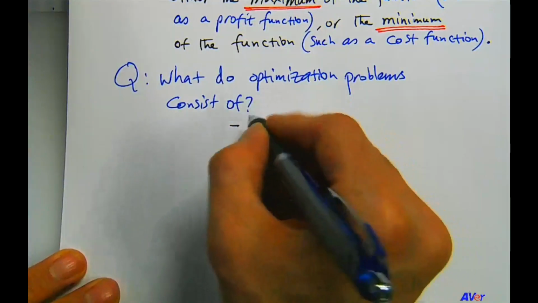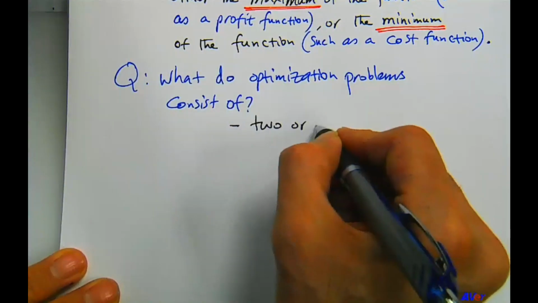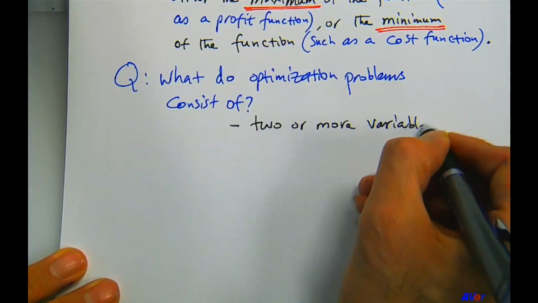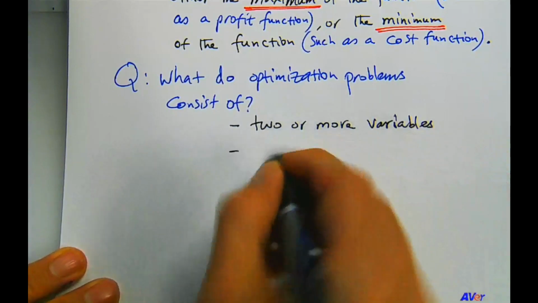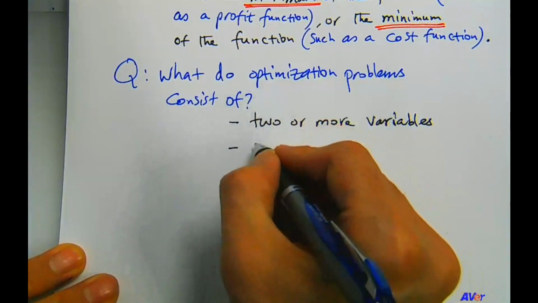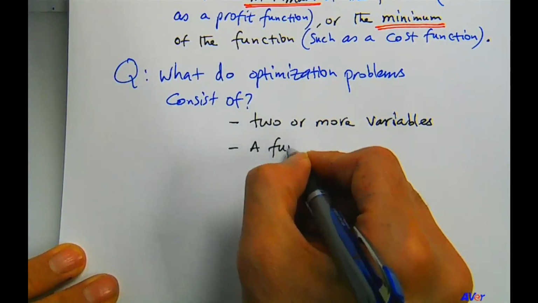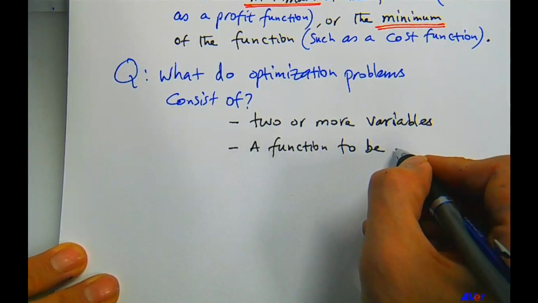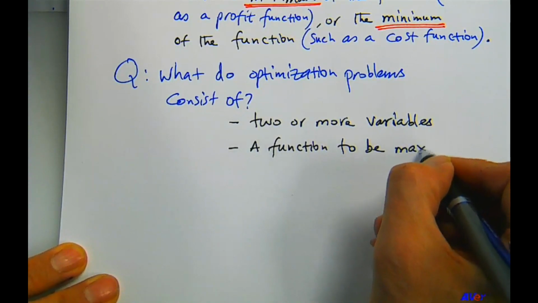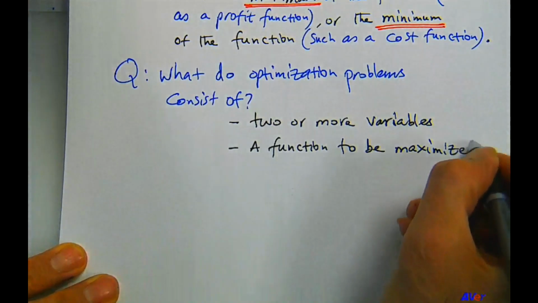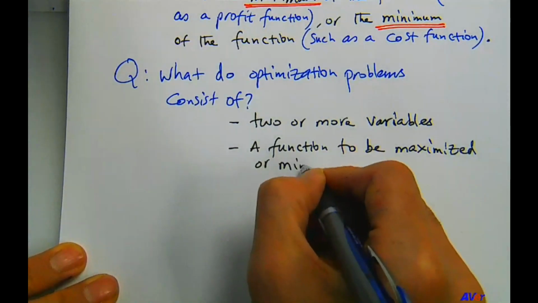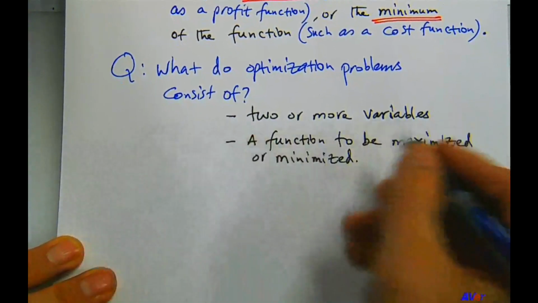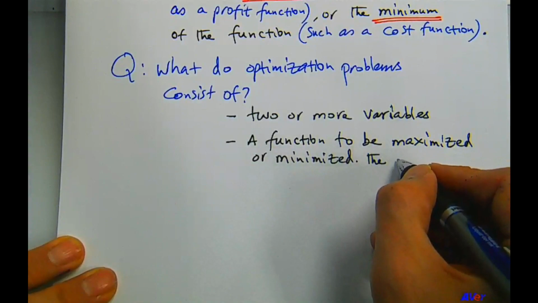So they all have two or more variables. They all have a function to be maximized or minimized. And this function is called the objective function.